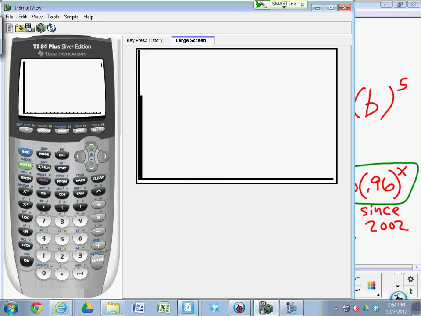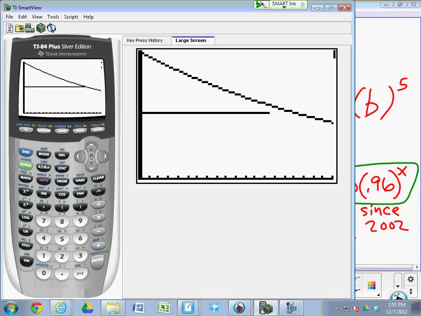So let's hit graph. I kind of know it's going to be good enough because we already said it was 16, right? So what we see here is the population of the town shrinking. And what is this flat line? That's 12,000. We want to know where they cross. What's better than trace?